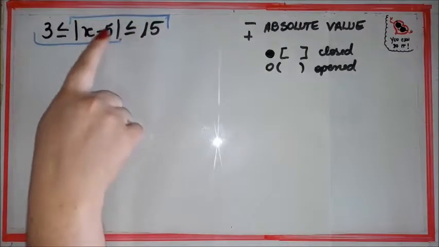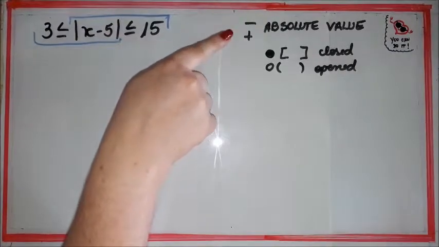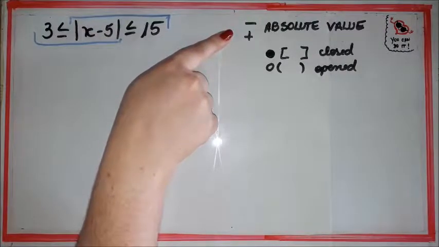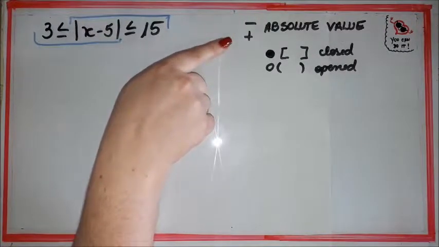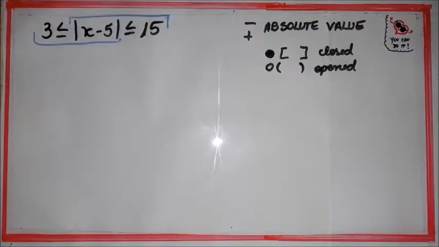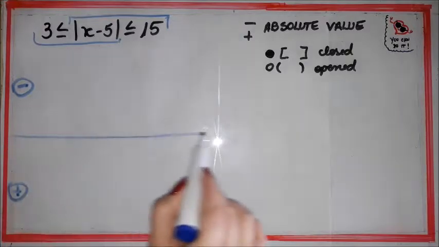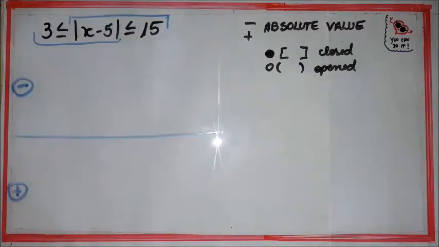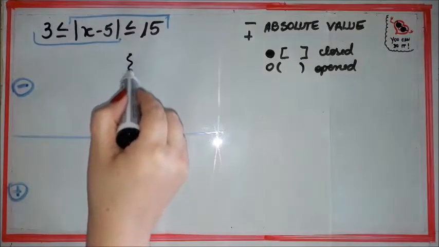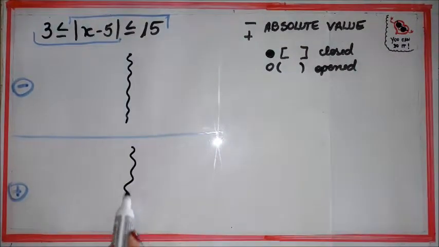Remember, absolute value has two different possibilities, a negative and a positive one. So we are gonna calculate it in a negative way and also in a positive way. Because we separate the inequalities, we're gonna have two different calculations for each possibility.